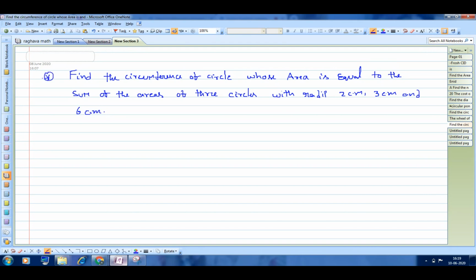Solve this question. Same as find the area of the required circle. From that, find the diameter or radius. Once you got the radius, you can find out the required circle circumference.